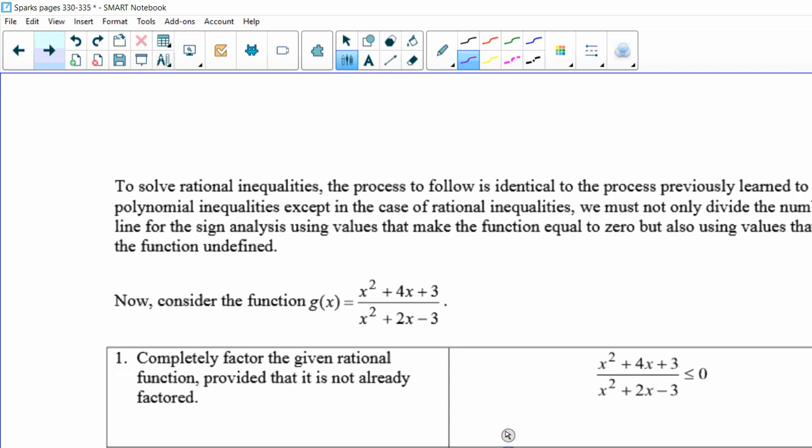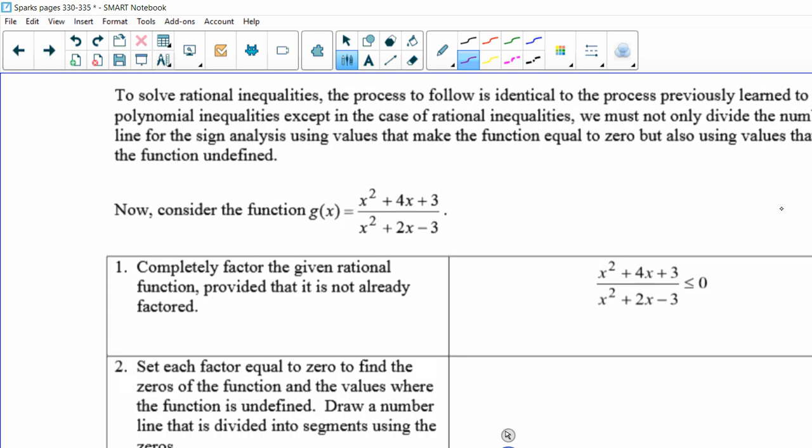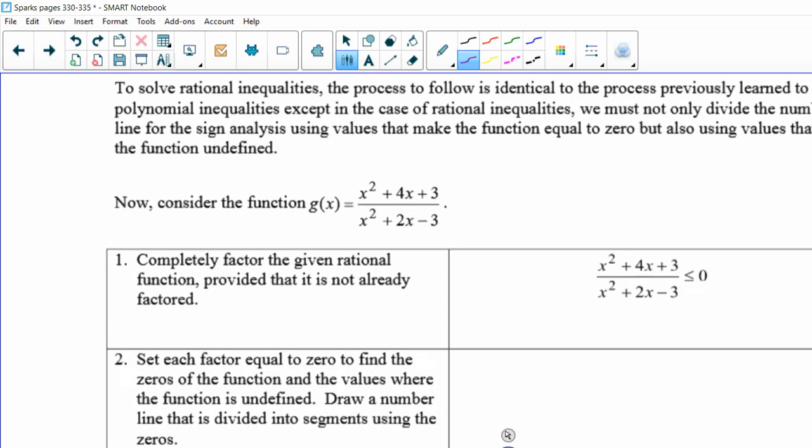Now let's talk about these steps. To solve rational inequalities, the process to follow is identical to the process you learned with polynomial inequalities. Remember that problem that we practiced right before lunch? Except in the case of rational inequalities, we must not only divide the number line for the sign analysis using values that make the function equal 0, but also using values that make the function undefined.